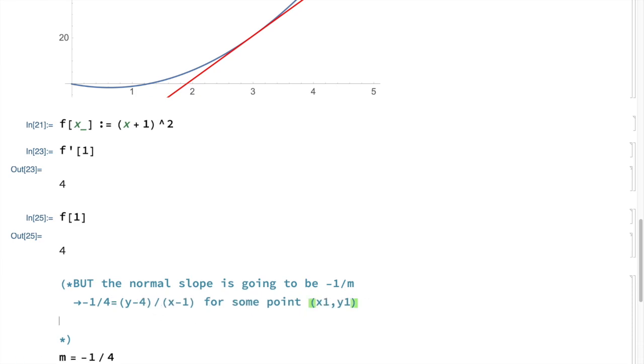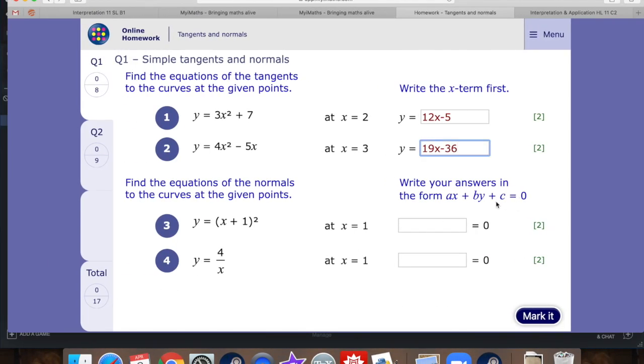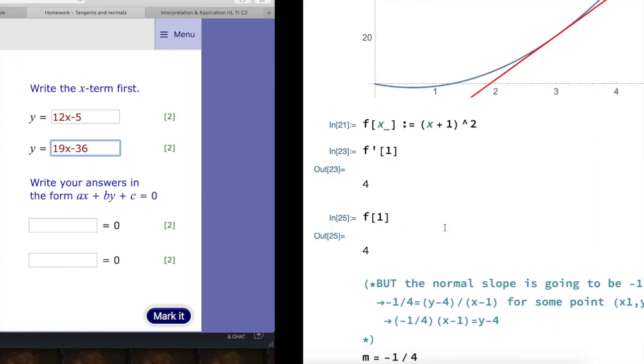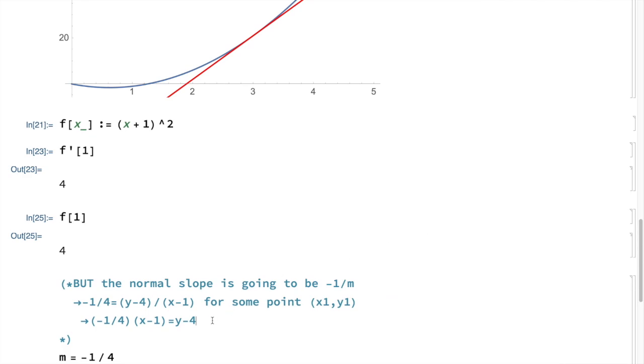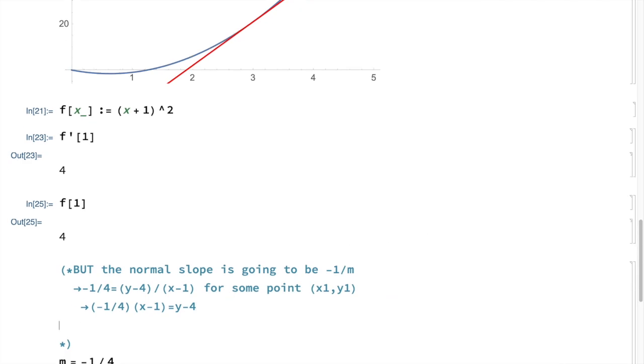Let's do a little bit of algebra while we're here. So I cross multiply the x minus 1, and I'll have negative 1 over 4 times x minus 1 is equal to y minus 4. Write your answers in the form ax plus by plus c. Okay, I think that's fine. Now I can just distribute this negative 1/4.